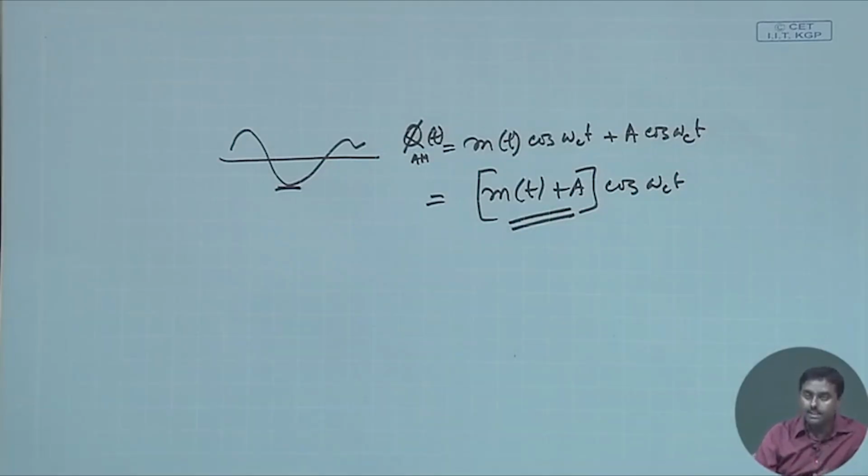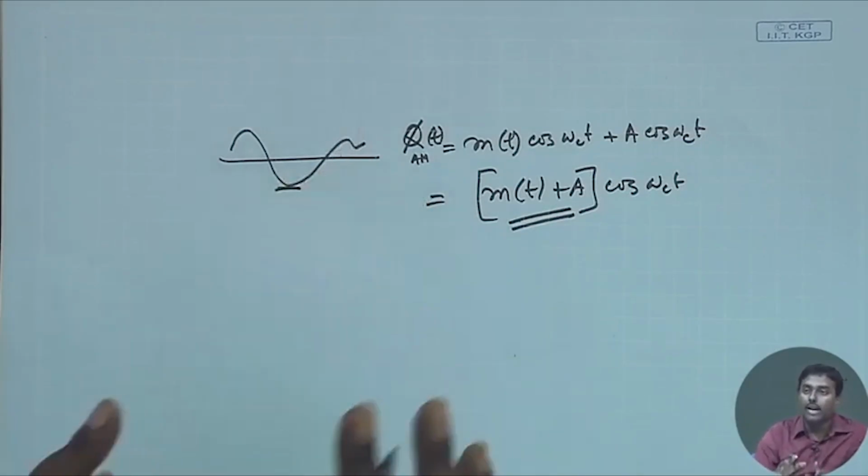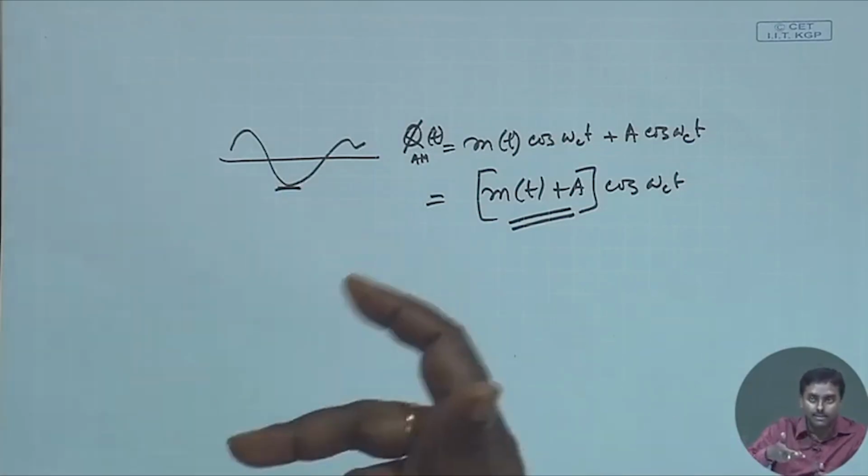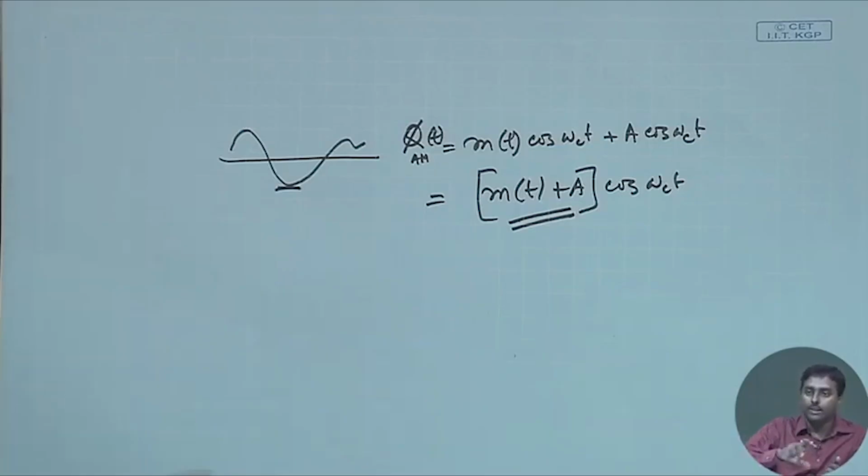If I wish to do envelope detection still, we have seen that it must not have any zero crossing, because whenever I have a zero crossing, I will have that 180 degree phase shifting, and my envelope tracker will not give me the signal back.